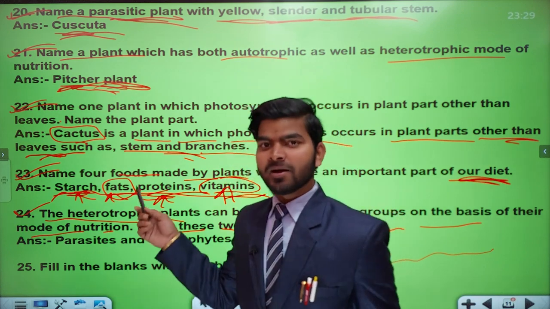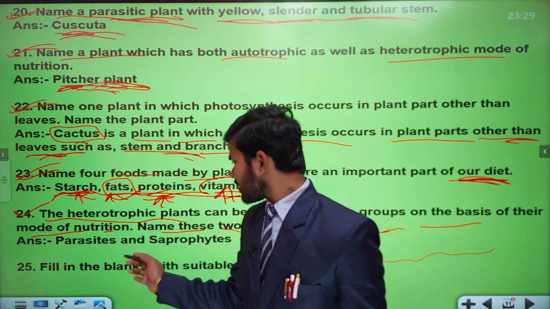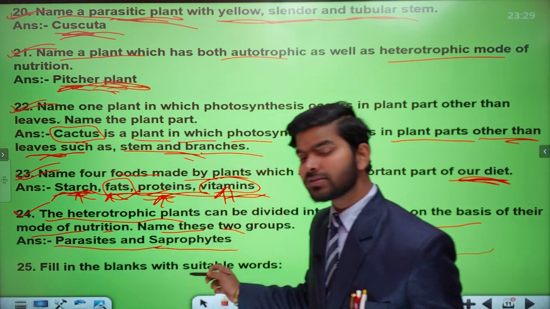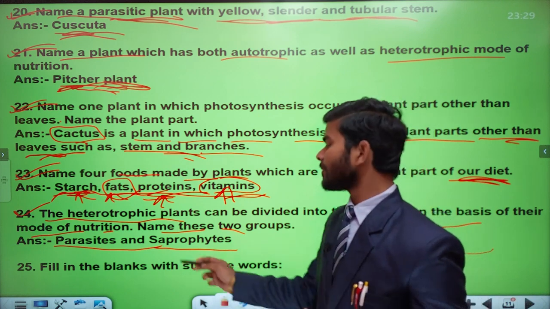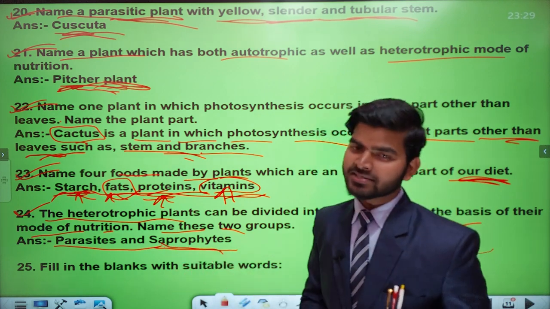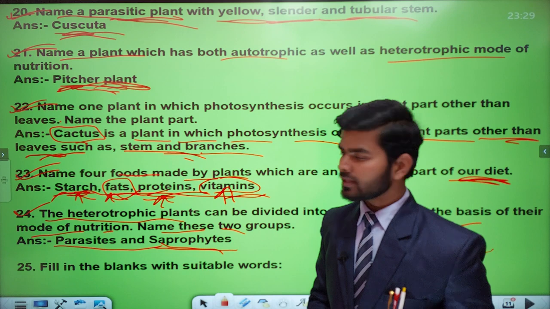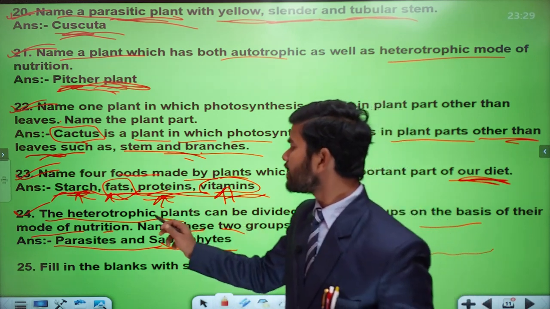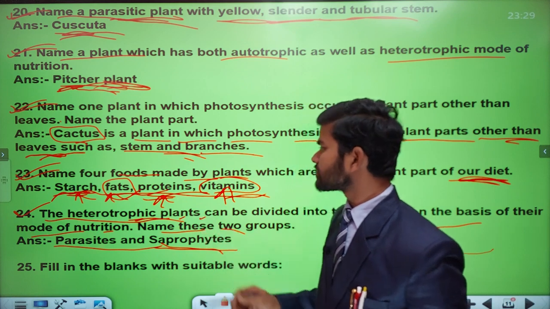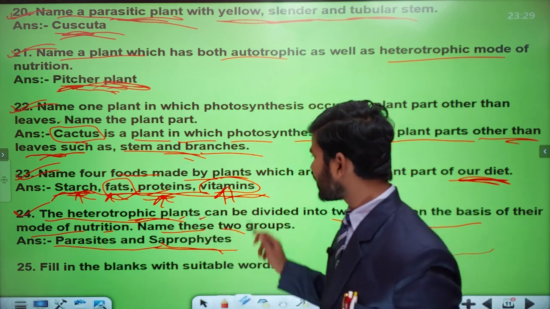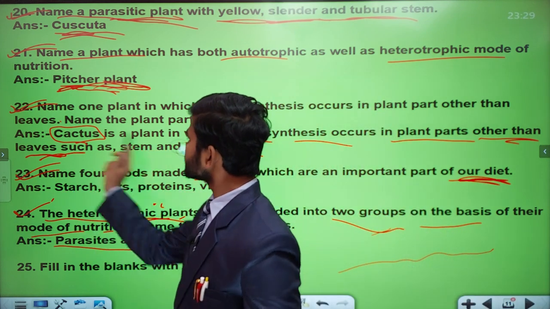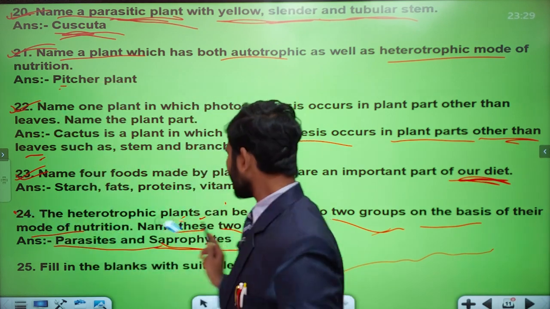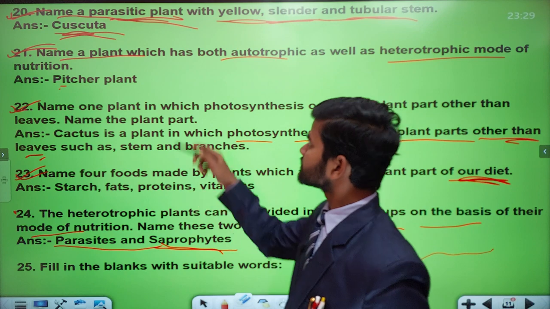I have written here: parasitic and saprophytic. I have told you what the parasitic mode of nutrition is, and what saprophytes are. All right, all clear. So these are the two different categories of heterotrophic plants. If you want, you can write it. I am clearing these boards. All right.